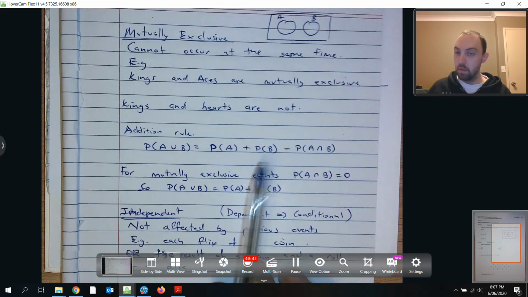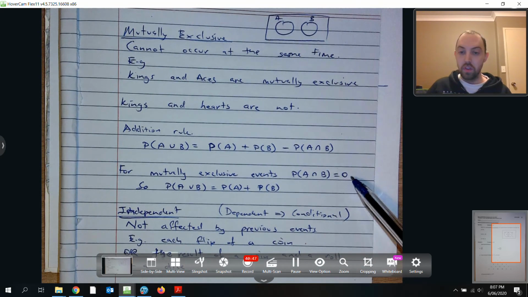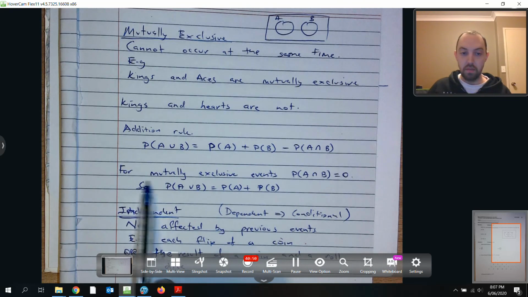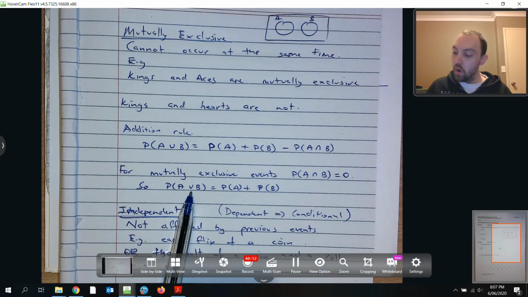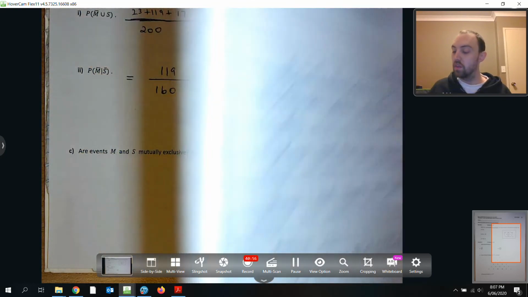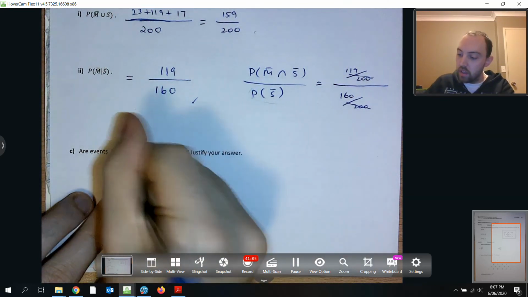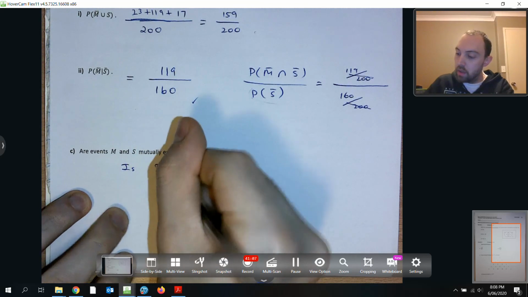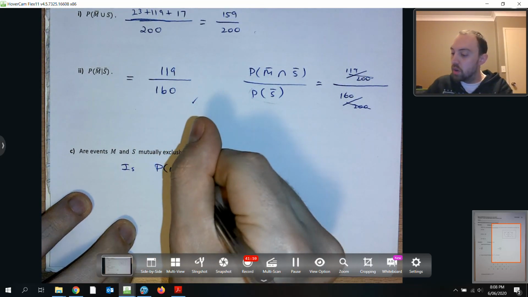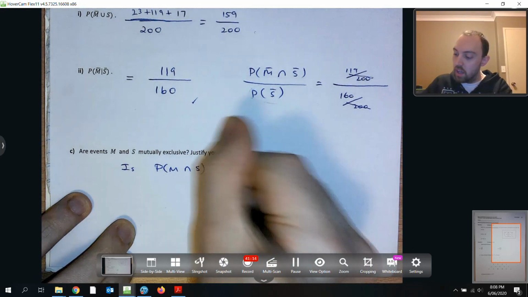So this probability of A and B, there's nothing here, so that goes to 0, which means we have probability of A or B is equal to the probability of A plus the probability of B. And so with our mutual exclusivity here, all we need to know is whether the probability of M intersection S is equal to 0.